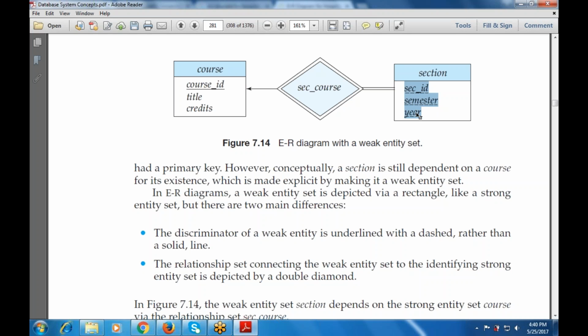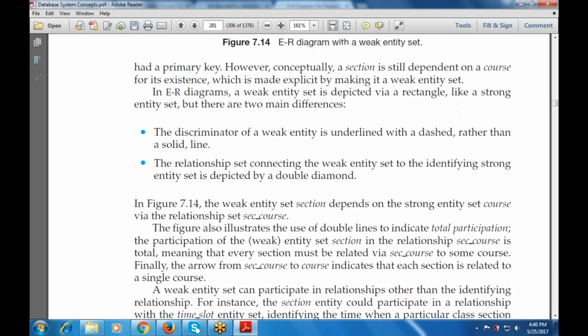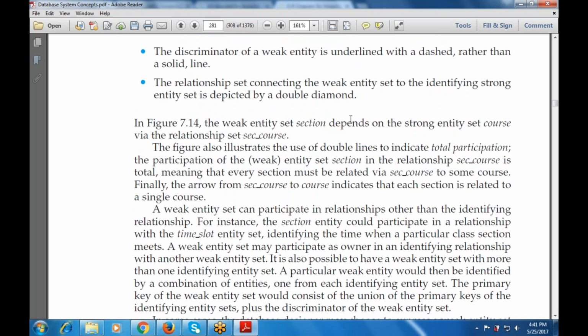That means the weak entity set is depicted with a double diamond. Now there is a single arrow. The lines denote which entity set depends on which, and a double line indicates total participation. The arrow from section to course indicates that each section is related with a single course.